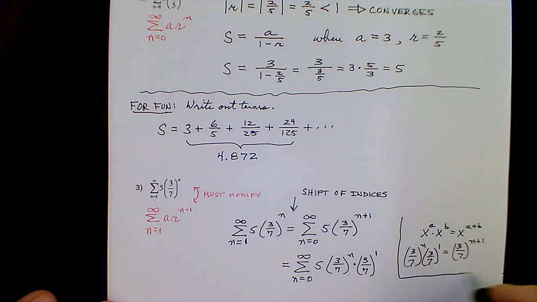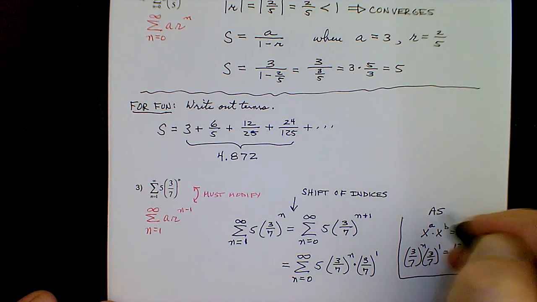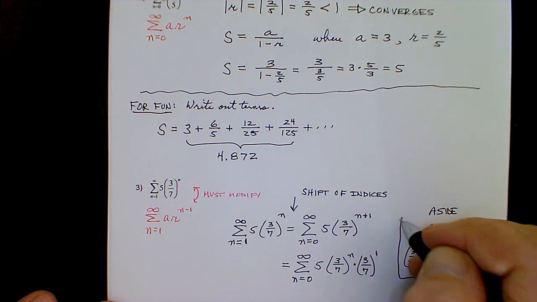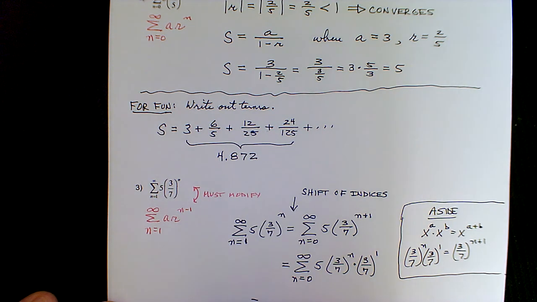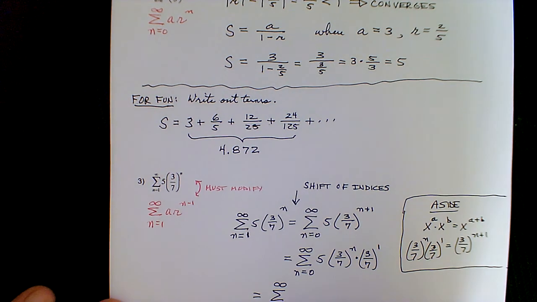Okay, so then we could bring the 3/7 and the 5, call this 15ths, so the sum then goes from 0 to infinity of 15/7 times 3/7 to the nth, and now it matches.